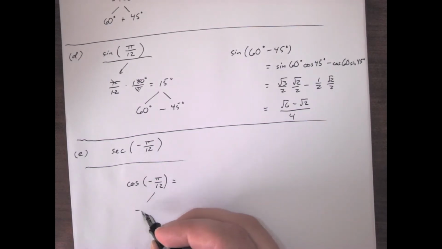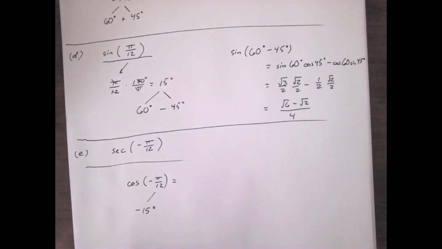Okay, well, first off, negative 15 degrees for the reasons that we've already seen. And if we think about this, we can just take our old friends 45 and 60, change the order around, so it's 45 degrees minus 60 degrees. And that will get us there.